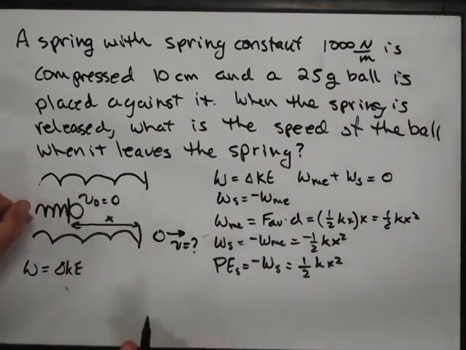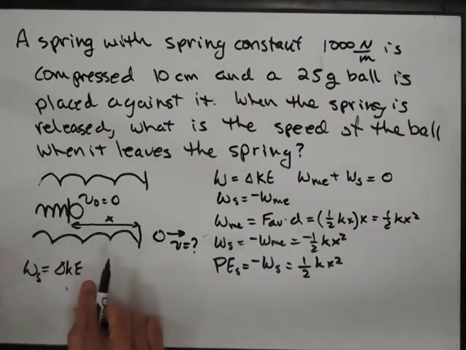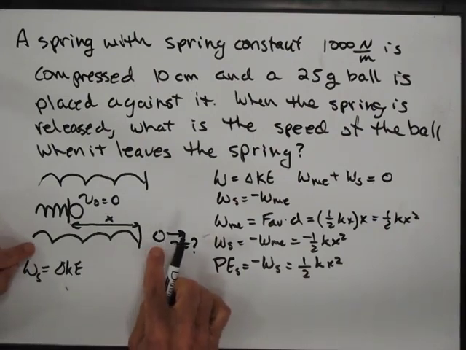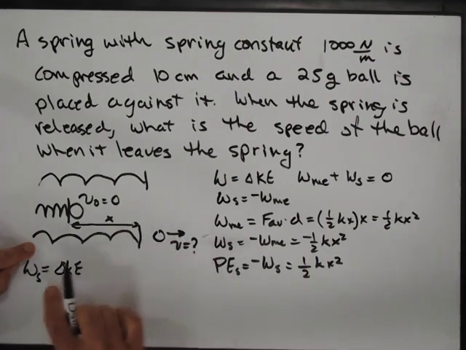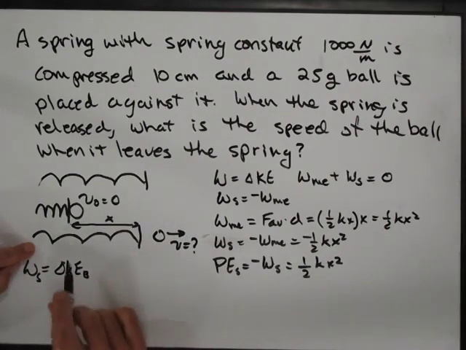And I'm going to say, look, this is going to be the work done by the spring is equal to the change in kinetic energy. Once the spring's out here, it's got no energy, right? It's in its relaxed position and it's not moving. It's all in the ball. And so the work done by the spring is equal to the change in kinetic energy of the ball, right?